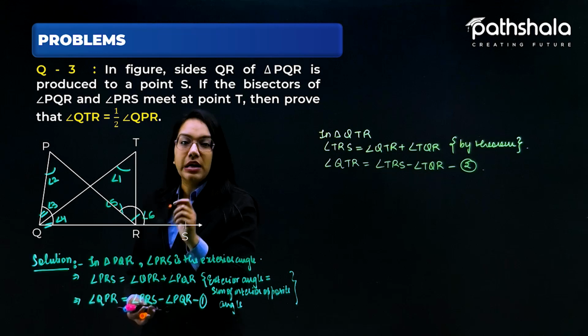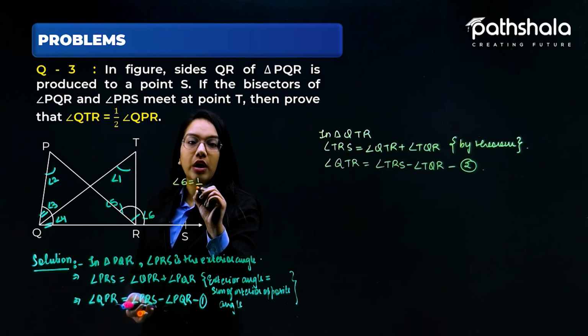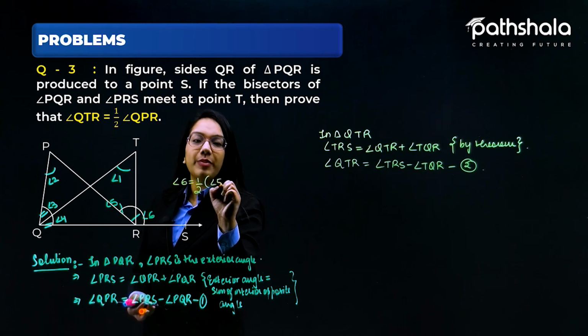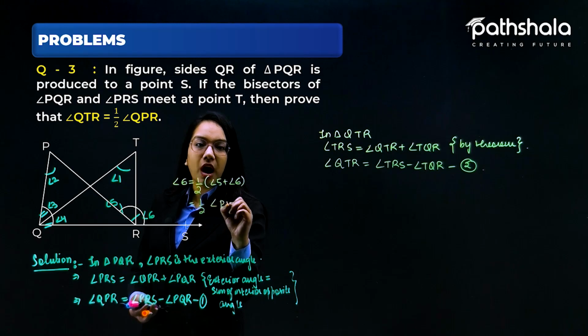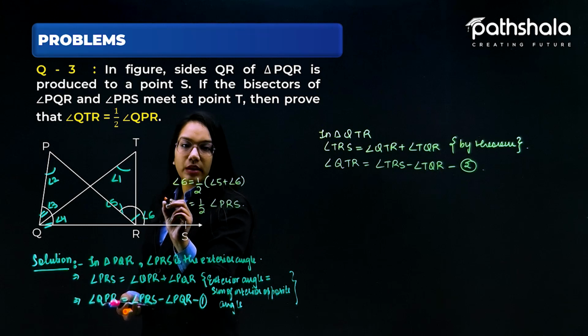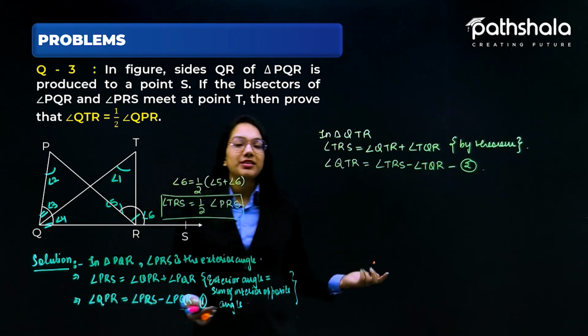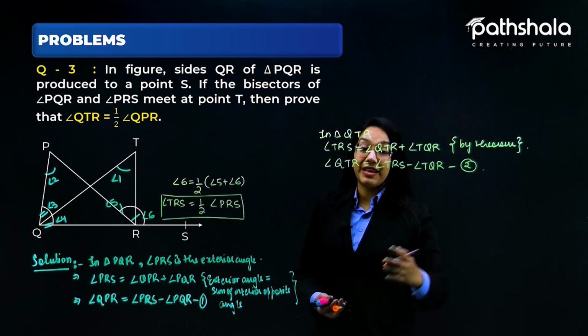We can write angle 6 as half of angle 5 plus angle 6, which is equal to the angle PRS. So angle 6, which is the angle TRS, is equal to half of the angle PRS. In place of TRS, I can write half of angle PRS.